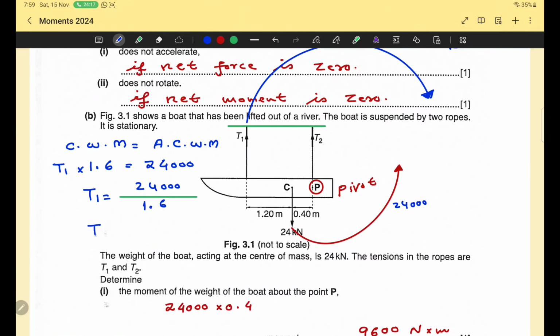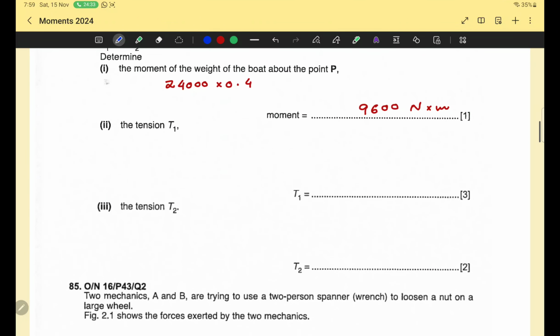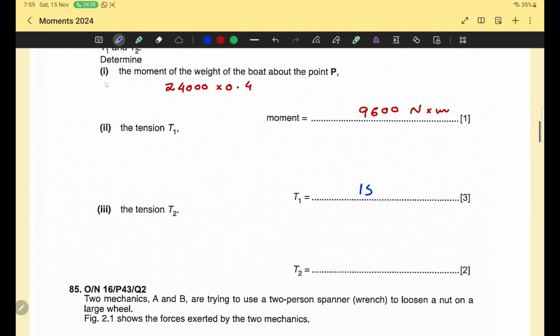What is the answer? 15,000. So 15,000 Newton force, or 15 kilonewton, is tension number 1.